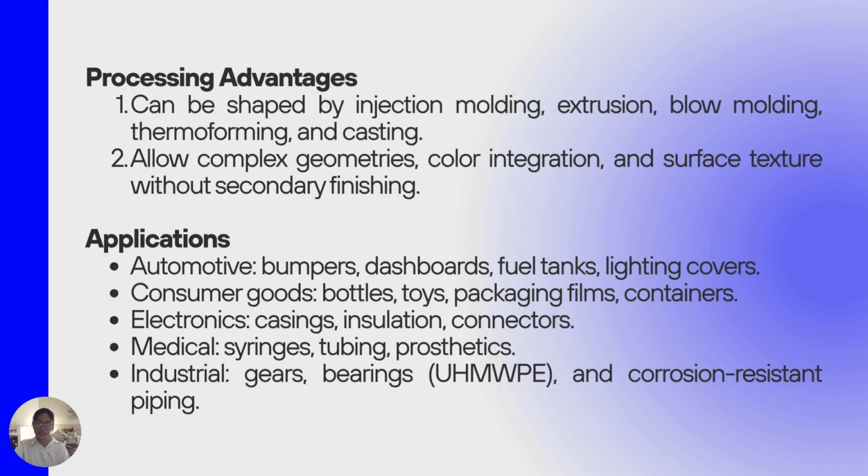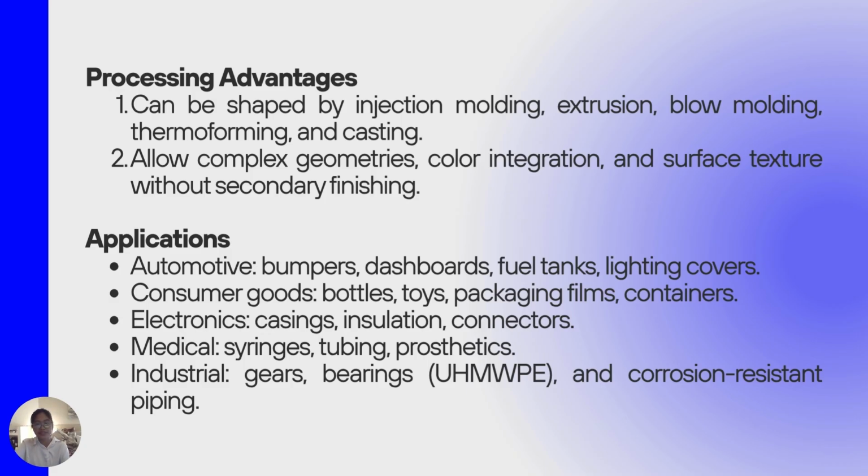In electrical and electronics, thermoplastics such as PVC are used as insulators, housings, and connectors. In medical devices, biocompatible plastics like PTFE and polypropylene are used in tubing, syringes, and implants. And in construction, PVC and acrylics are used for pipes, panels, and window glazing due to their durability and weather resistance.